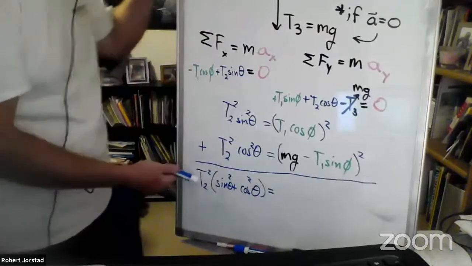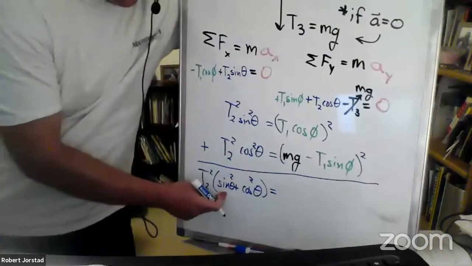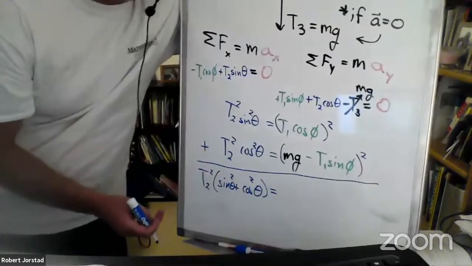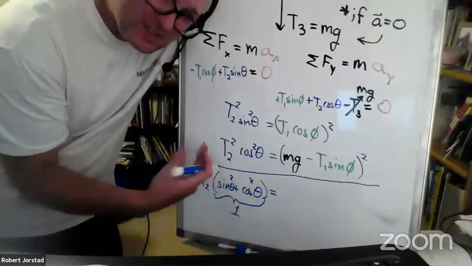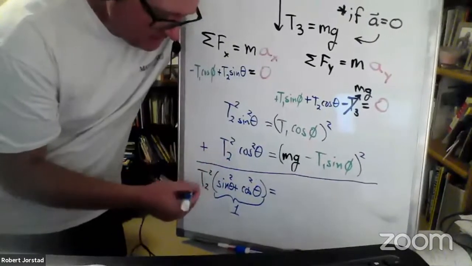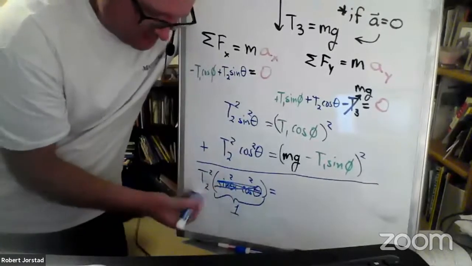What's sine squared plus cosine squared always equal to? 1. And so notice that gets rid of the angles without having to do sine inverse, cosine inverse there. So this side just becomes T2 squared.